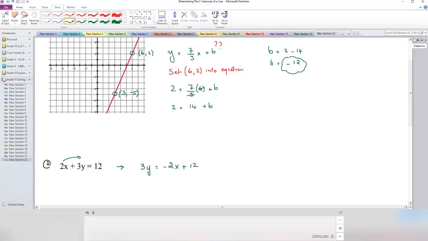Another step, the y, I have to isolate it, because we know that the general equation of the linear equation, in the slope and y-intercept format, has to be y equals mx plus b. So y doesn't have any coefficient, that's why I still need to isolate the y. How to isolate it in this case?